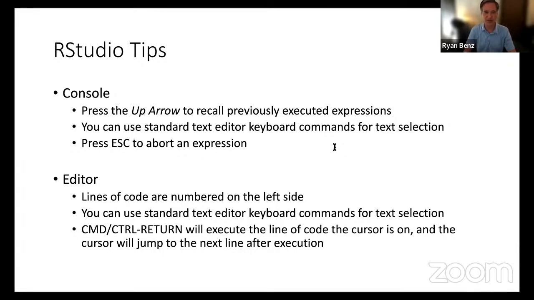You can also use standard sort of text editor commands. If you work in Word, for example, you might use some commands like using the arrow keys and Command and Shift to select words and text. You can typically use those same keyboard shortcuts in RStudio as well. If you ever get into problems in the console, and I'll show you some examples of that, press escape to abort an expression. It kind of gets you out of some troublesome situations.